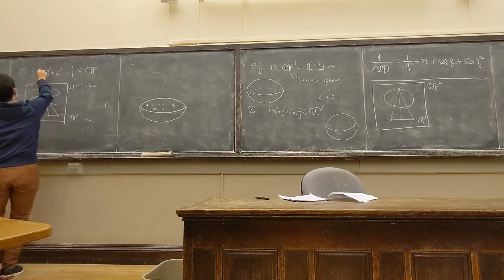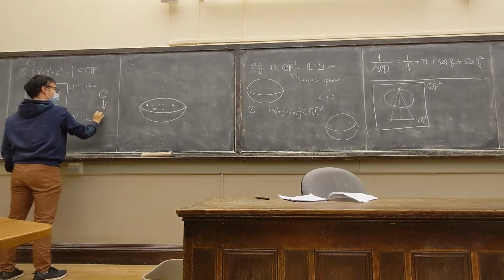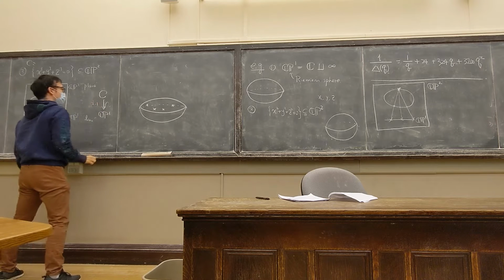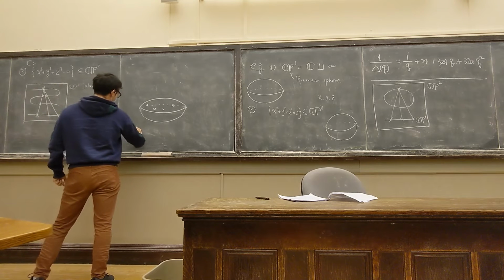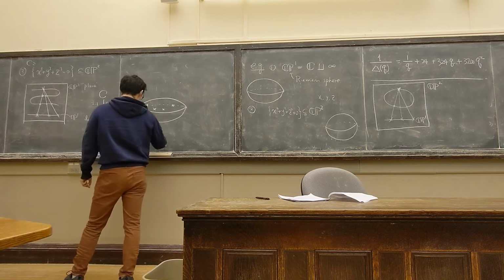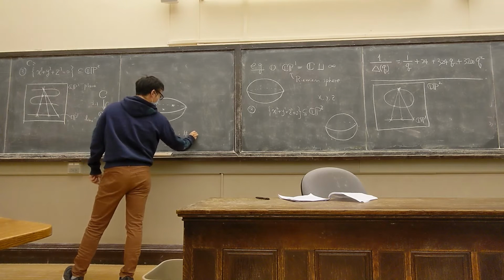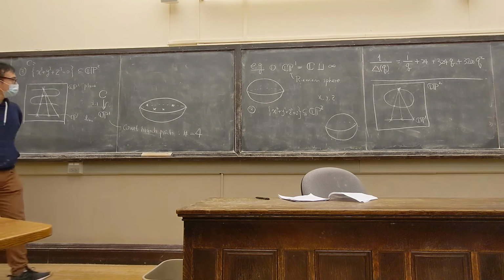So let's give it a name, C. We have C mapping to CP1, which is a sphere. This is a 2-to-1 map, and you can count branch points, where this map is ramified. The number is equal to 4. This is not very hard to parse. You can read this from the equation.